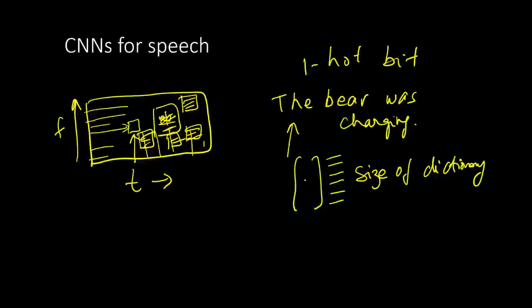And only one of them will be 1, the rest of them will be 0, one hot bit encoding. Which one will be 1? Whatever is the location for the word "the", and similarly the next vector will be for "bear", next will be for "was", the fourth one will be for "charging". So we'll have 4 vectors, and each of them will be one hot bit encoded.